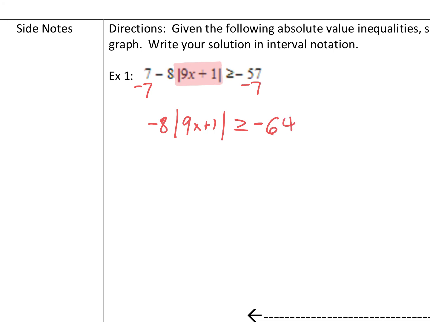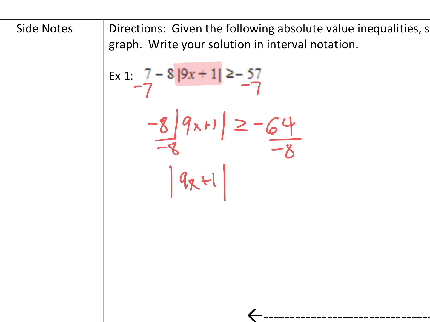Yep, negative 64. And now how are we going to move the -8? Division, good. To divide it over. Can't distribute it. You just want to divide it over. So on the left, we end up with absolute value of 9x minus 1, make it a positive 1. Should be plus 1.